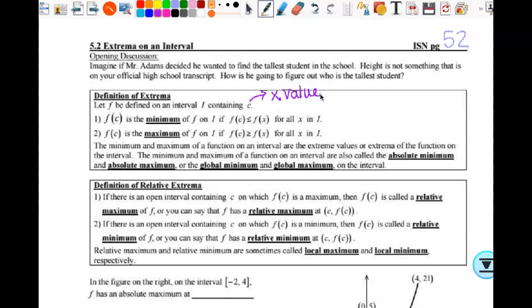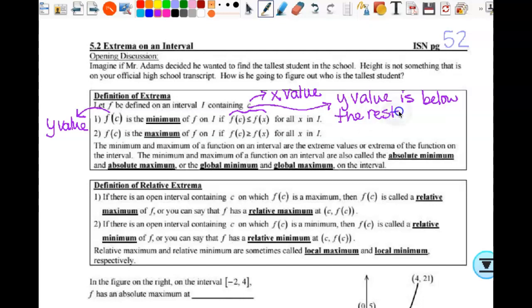If f of c, so this right here, this is just a y value, is the minimum. If f of c is less than f of x, what this is saying is that the y value is below the entire function, the rest of the function.